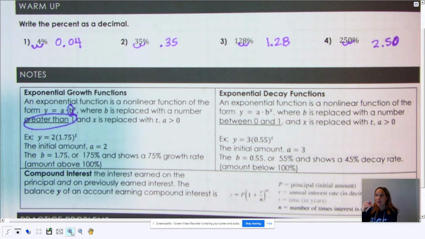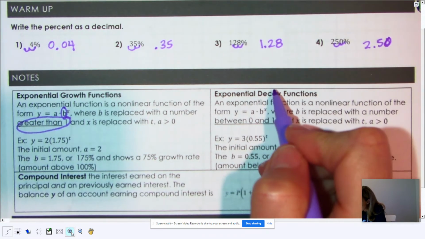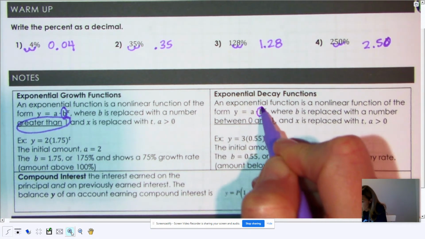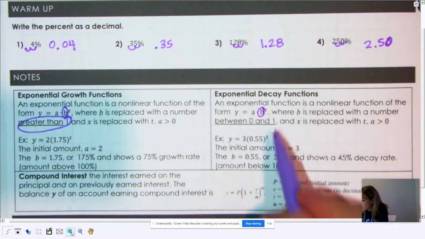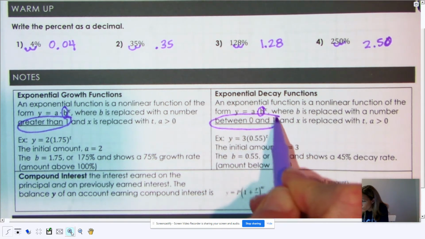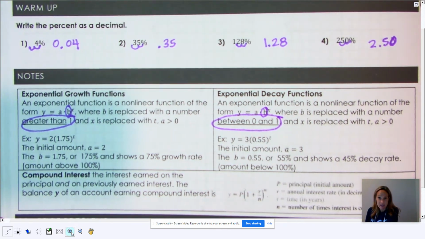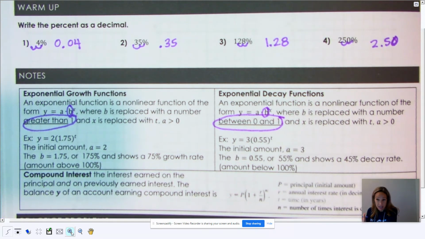If I'm more than 100% of what I have, it adds a little bit at a time and gets bigger and bigger and bigger. Whereas if I have a decay function, that's where this base, the number that I'm multiplying by each time, is between 0 and 1, meaning that it is not a negative number, but it's smaller than 100%. So like if I'm multiplying by 75% every time, it's getting smaller and smaller and smaller.